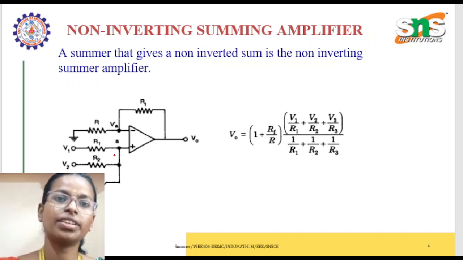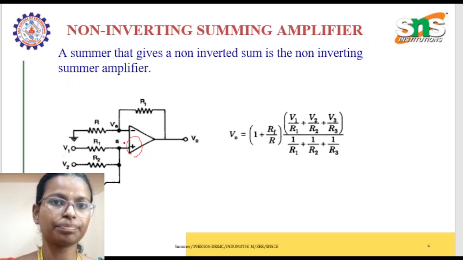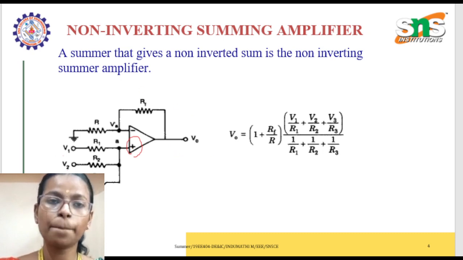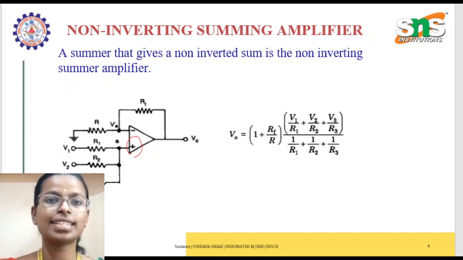You can check here: this is the non-inverting terminal, and the inputs V1, V2, V3 are given to it. The inverting terminal is grounded and the feedback is given. Here the output will not be inverted; it will be the same as the input, but amplified.